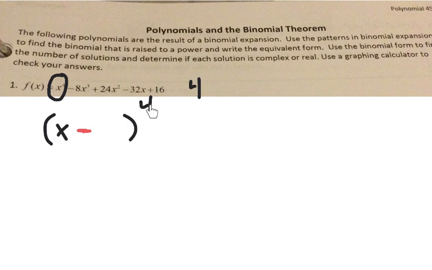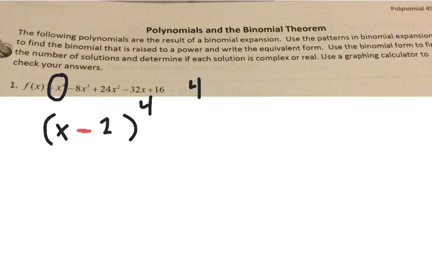So what raised to the 4th power gives me 16? That would have to be 2. So you could take the 4th root of the constant, the 4th root of 16. So this here would be my binomial expansion.